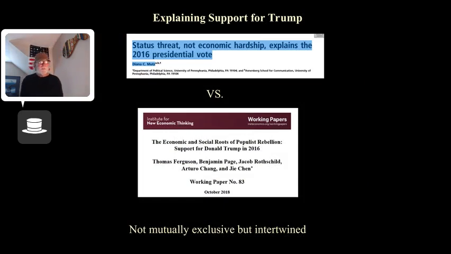All right, so big debate among those who are trying to understand how it was that Trump was able to mobilize working class people. And lots of working class people voted Republican, but he got larger numbers of working class people in critical areas of the country than had been the case in the past. And so there's sort of these two theories.